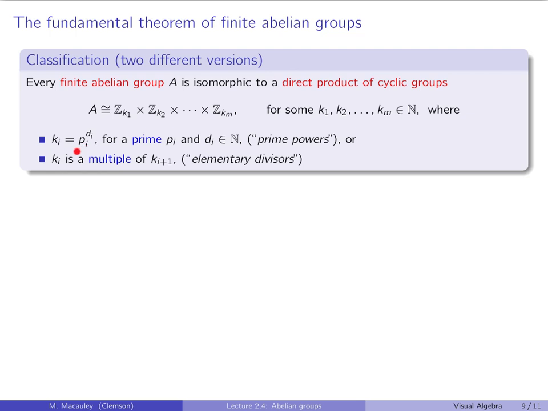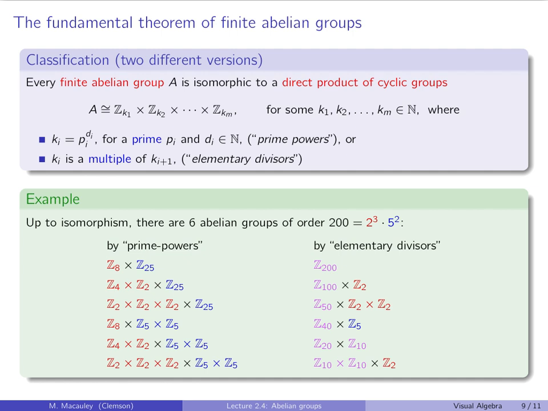So ki equals pi to the di for some prime pi. Another way is called elementary divisors. The name comes from the theory of modules, or vector spaces. And we can assume that each of these indices is a multiple of the next one. So I think we're going to have to see an example for this.